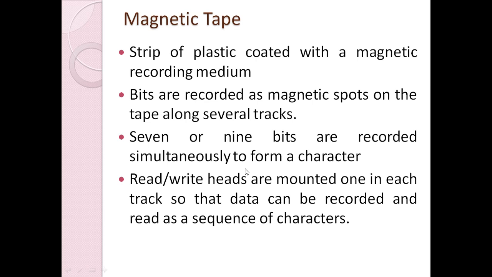If we do ASCII coding or other coding of characters, then 7 to 9 bits will be enough to represent one character, and one character is recorded simultaneously using 7 to 9 bits.